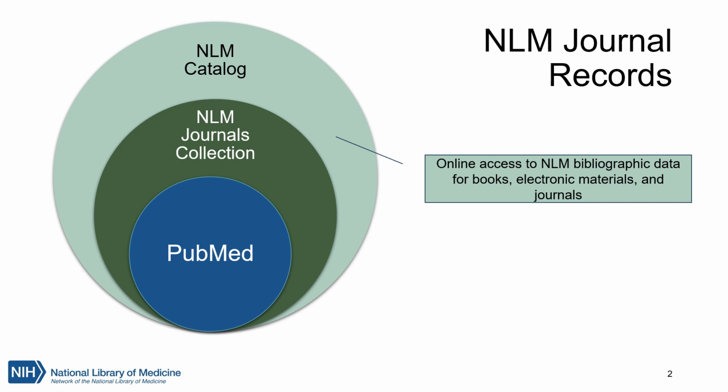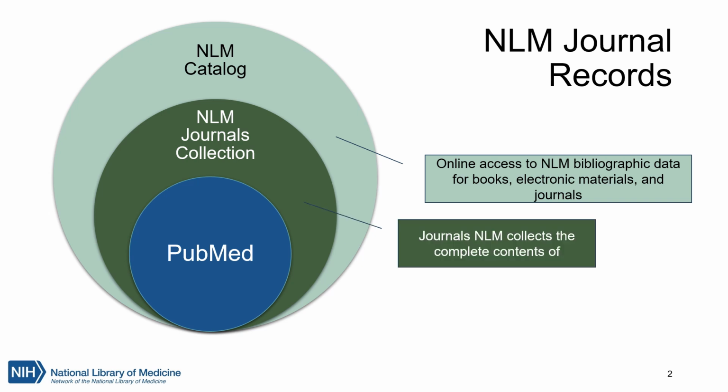You may know that the NLM catalog provides online access to NLM bibliographic data for books, electronic materials, and most importantly for our topic today, journals. The NLM Journals collection consists of the journals that we collect the complete contents of, either starting with the first issue or at another point set by the NLM.